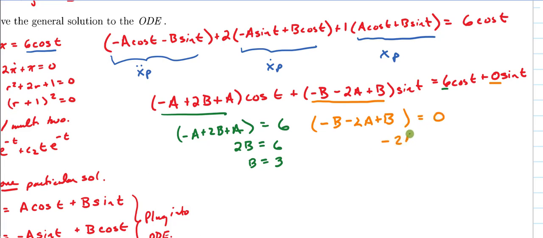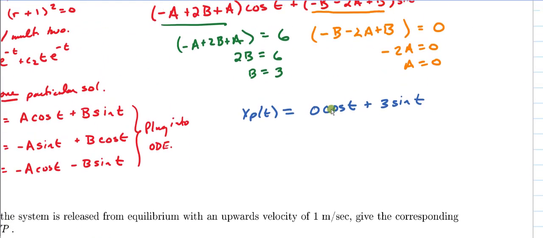So we get minus 2a needs to equal 0, or a is equal to 0. Now, our guess for x_p was a cosine t plus b sine t, so we find that it's 0 cosine t plus 3 sine t, which simplifies to be 3 sine t.